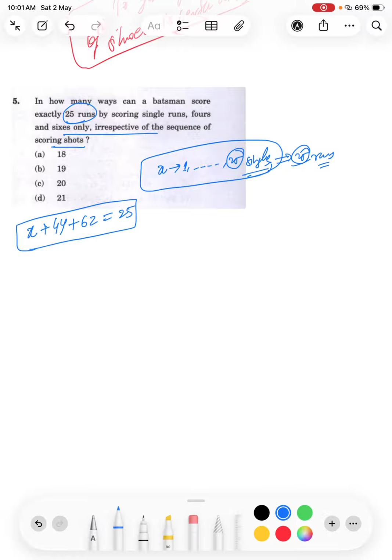But on the contrary, if I think about sixes, he can score 0 sixes, or a maximum of 4 sixes. So variability here is less, ranging from 0 to 4. Here variability is more, ranging from 0 to 25, right?